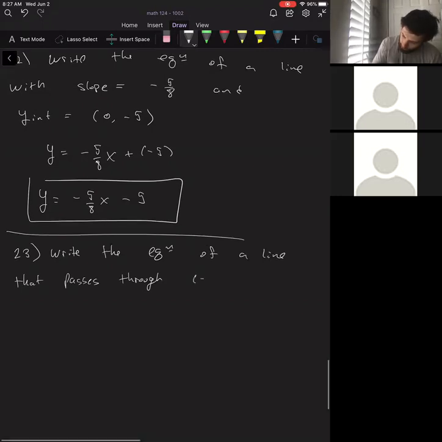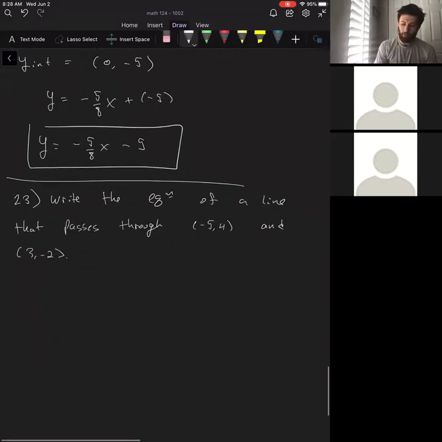Write the equation of a line that passes through (-5, 4) and (3, -2). Sorry, no, (-5, 4) and (3, -2).